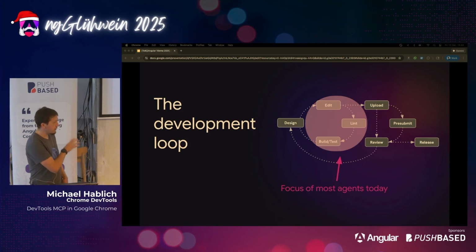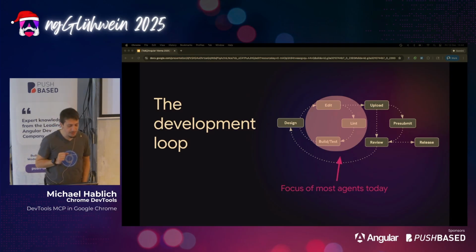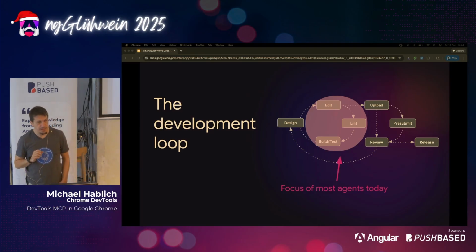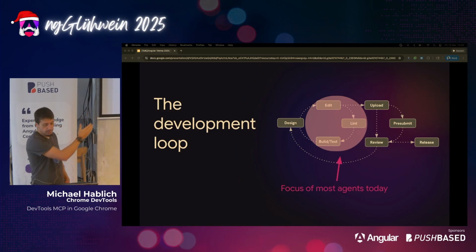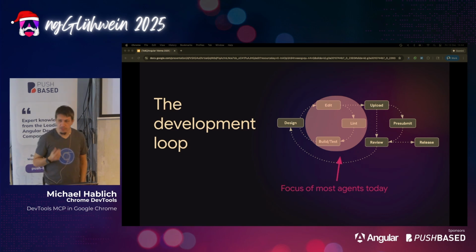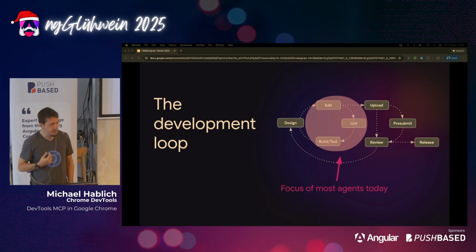But look at what's outside of the circle. On the left side, you have this nice little design block, and they rarely design. They're not really that well versed to do design. And afterwards, there's this big chunk of review and validation. Is the outcome that the AI coding agent actually created the right thing?